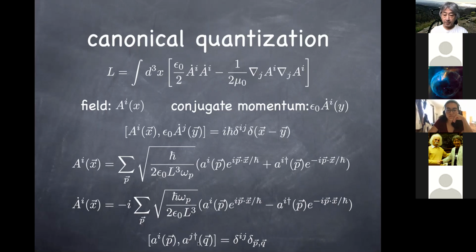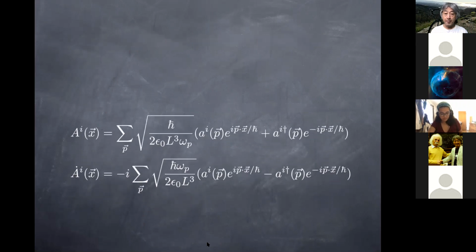So this canonical commutation relation tells you that they do not commute only when two momenta are the same. So that's the familiar form of the commutation relation for the creation and annihilation operators. So we know exactly how to build the Hilbert space for them.